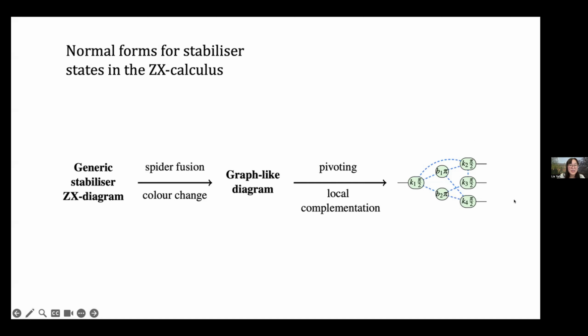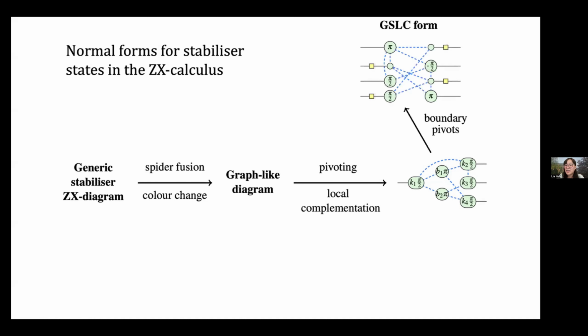And from here, you can split off into two different directions, for the two main classes of normal forms for stabilizer diagrams in the ZX calculus. One of them is the graph states with local Cliffords form. This means that you have a graph state, so Z spiders connected by Hadamard edges between any two of them, and you can have local Cliffords, so single qubit Cliffords, on any of the open-ended wires.